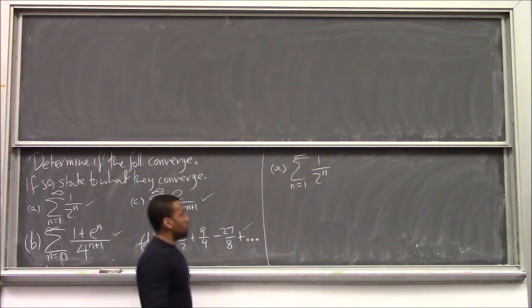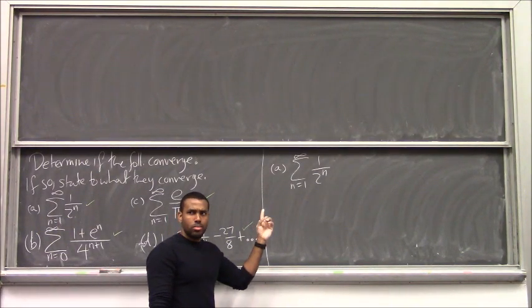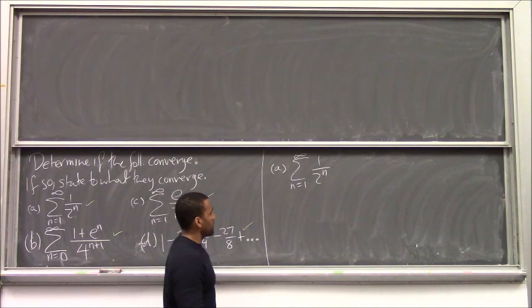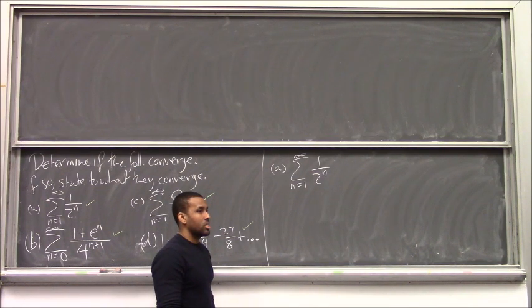Okay, let's begin. Who had this one? Yeah, what did you get? I put it converges to 0, but it's kind of wrong. Converges to 0? How did you get that?